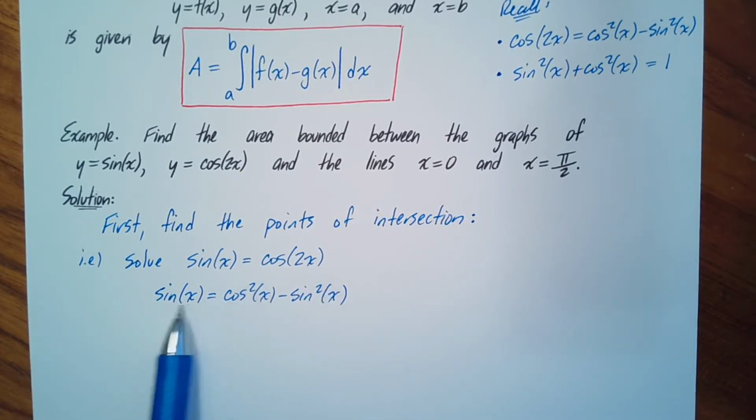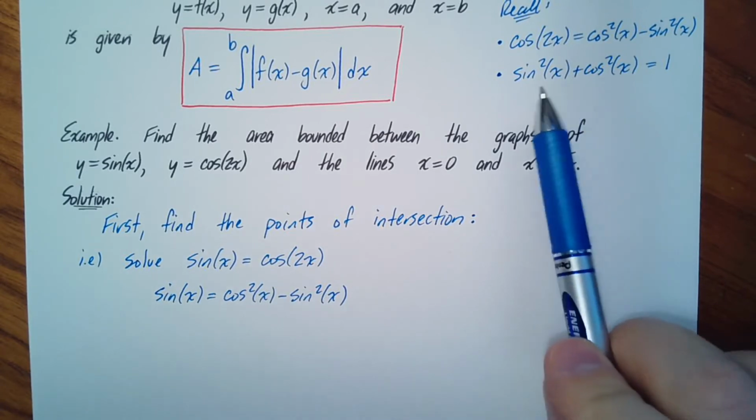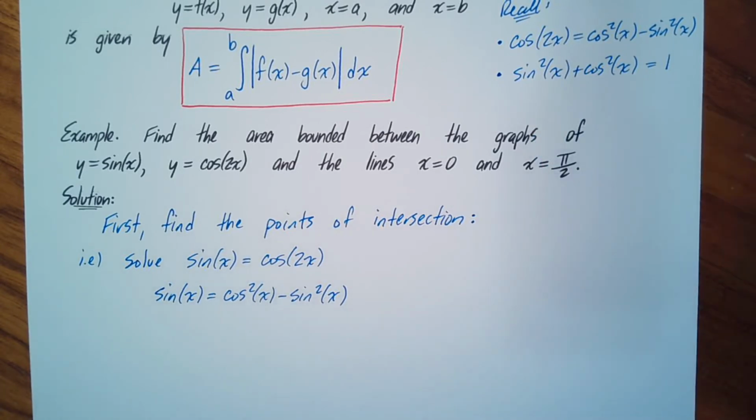However, you'd have difficulties removing the sine of x, because this doesn't tell you how sine of x and cosine of x relate. It tells you how the square of sine of x and the square of cosine of x relate. It's not impossible to change this into an equation that only involves cosines, but it's just so much easier to do it the other way around.